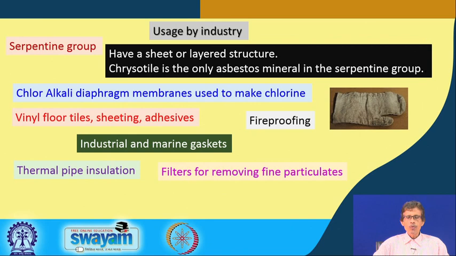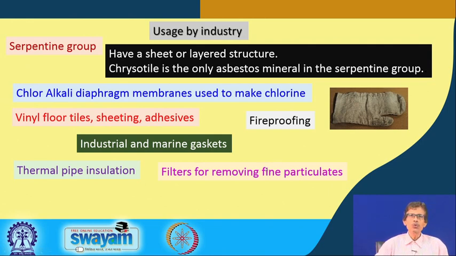Then filters for removing fine particles, just as we have seen in the preparation of chlorine, in the membrane making process or the diaphragm making process. If we can uniformly put those asbestos fibers, and we can have some threading of those fibers, a fine mesh size can be generated such that only small particles of a particular mesh, such as 10 or 20 mesh sizes, can pass through that membrane, and others will be retained.